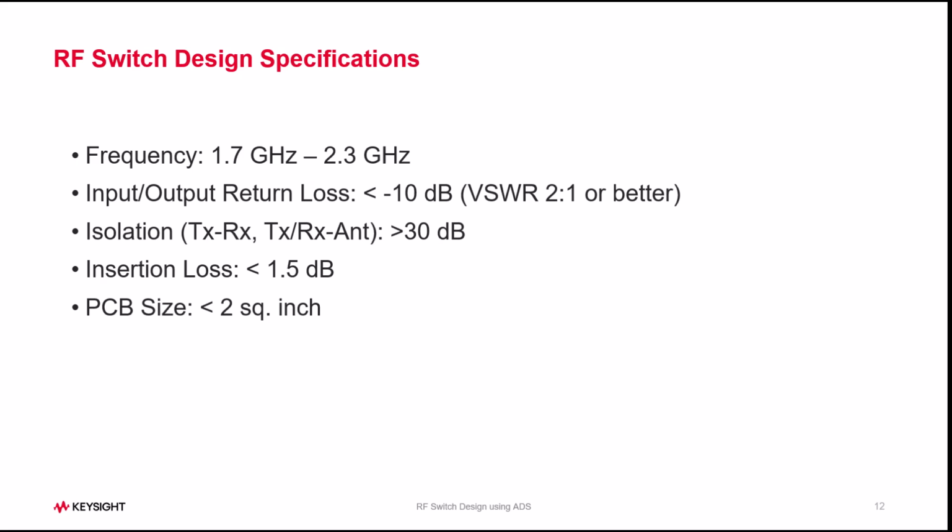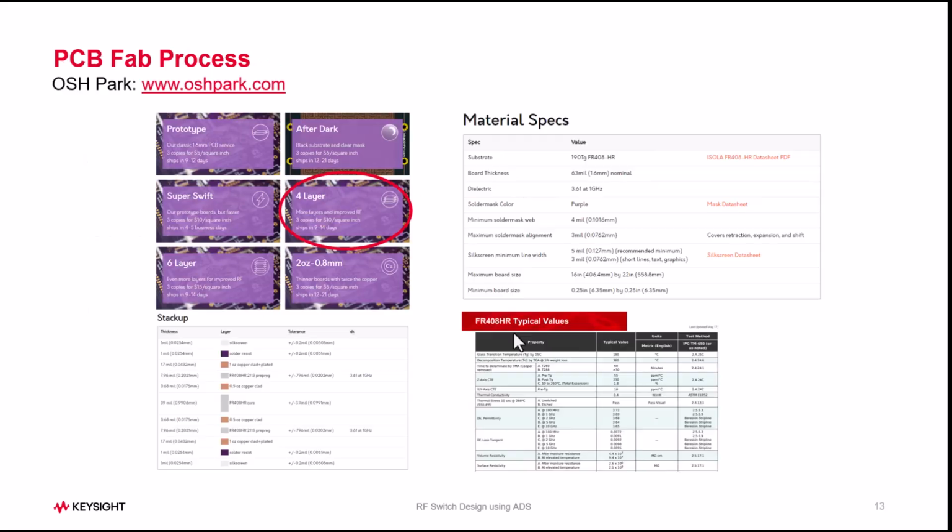When we test the circuit, we are guaranteed to meet the specification which we are looking for. So here is the specification for you to reach. The important part is the overall PCB should be within 2 square inch, because as a part of the PCB fabrication process, it directly affects the cost of the final product you are going to make.